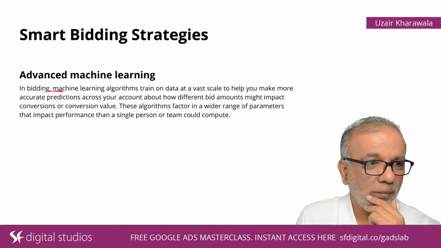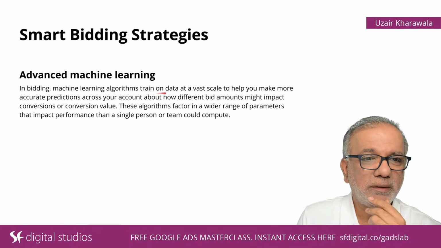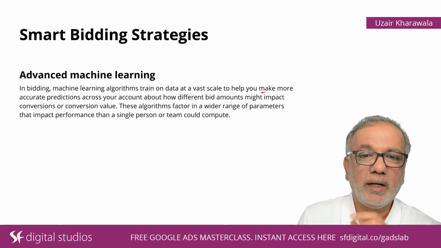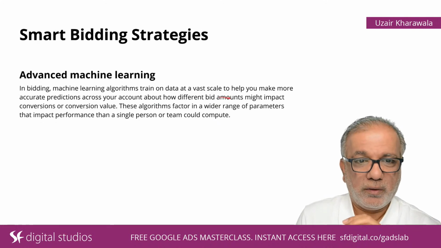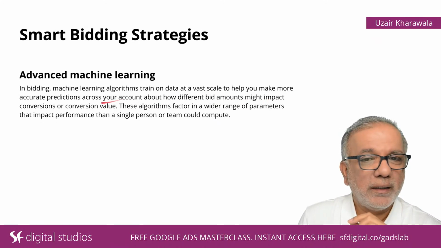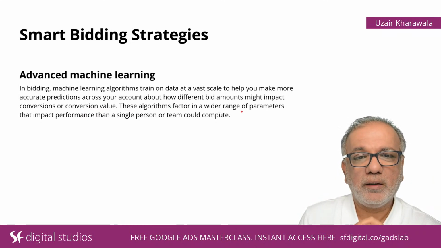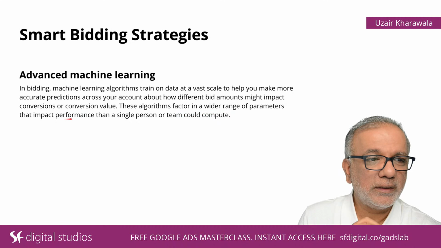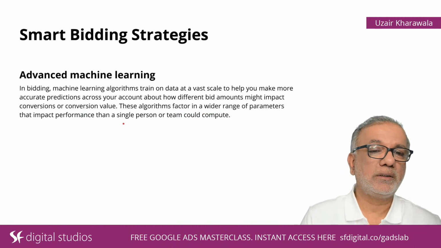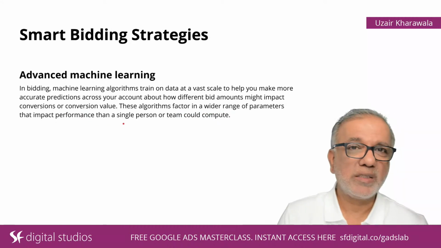So in bidding, machine learning algorithms train on data at a vast scale to help you make more accurate predictions across your account about how different bid amounts might impact conversions or conversion value. These algorithms factor in a wider range of parameters that impact performance than a single person or team could compute. It's impossible.